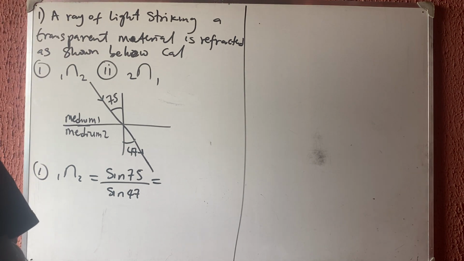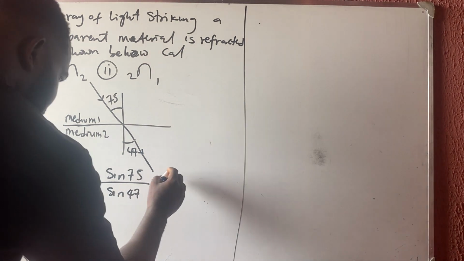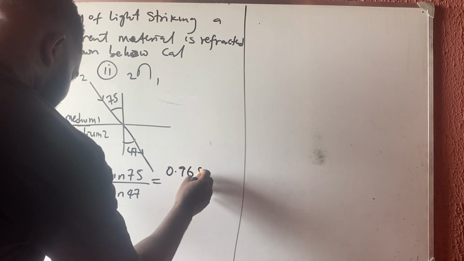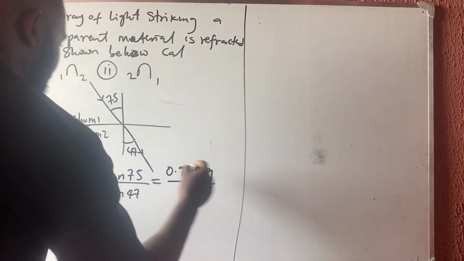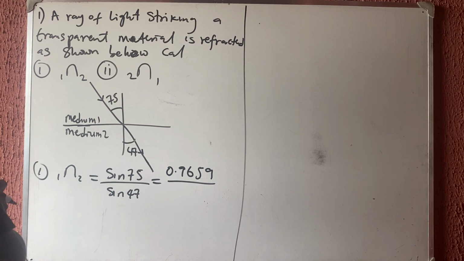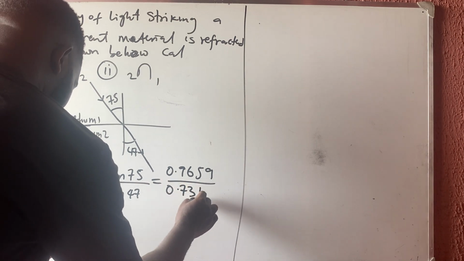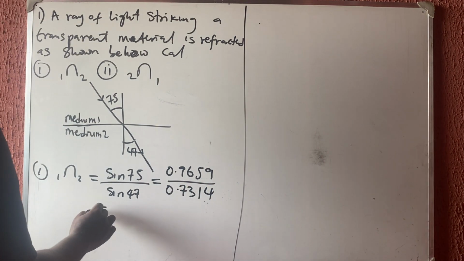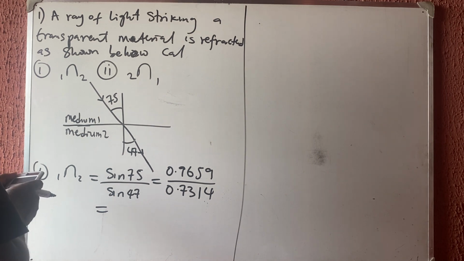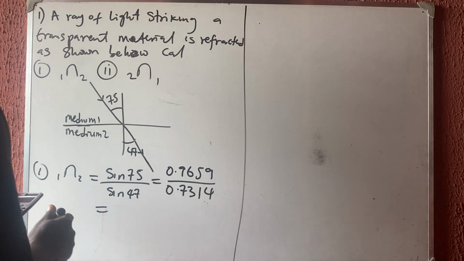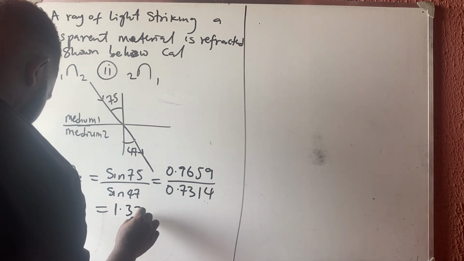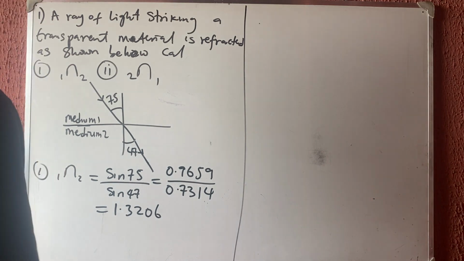Sine 75 will give you 0.9659 all over sine 47, which will give us 0.7314. If you now do it, 0.9659 divided by 0.7314, I'm having 1.3206.